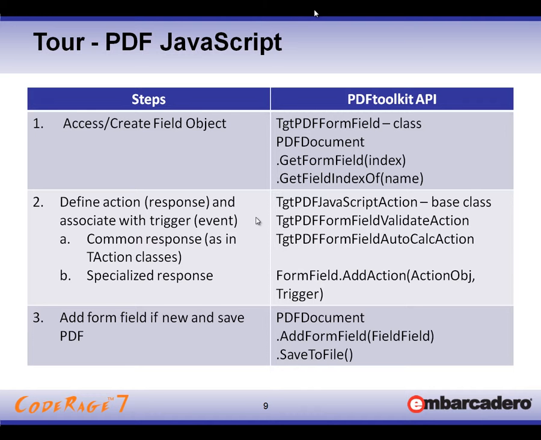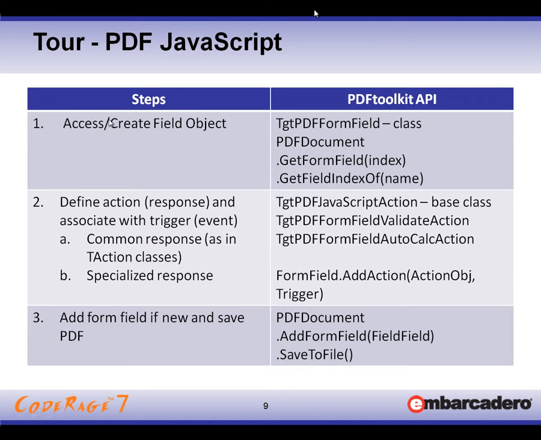However, PDF Toolkit provides some predefined action classes to validate and format form fields. Just as in Delphi, there are standard action classes for dataset events, for example. And the best way to understand this is to follow the steps it takes to embed custom behavior on a form field. So let's see.